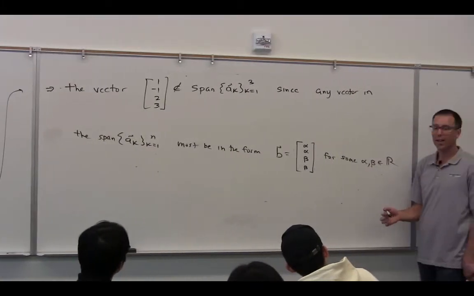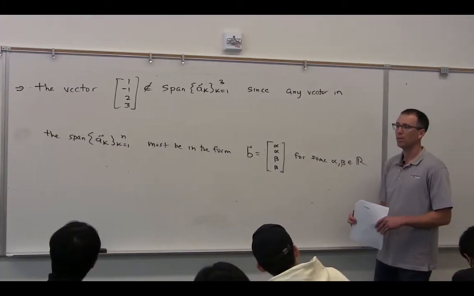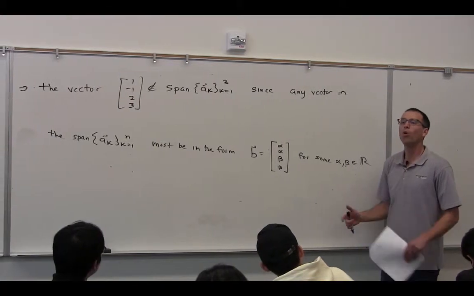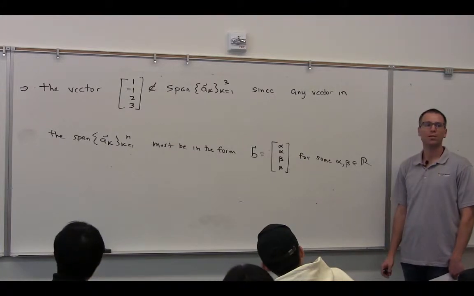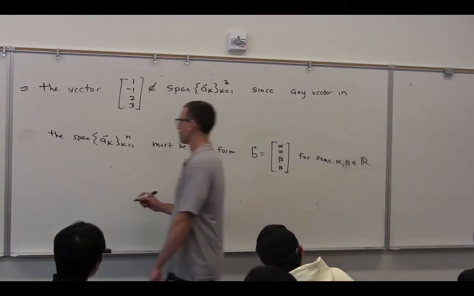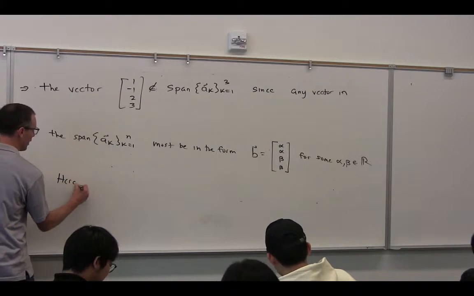What's another way to say that? What would be a vector that's in the span? Give me some vectors that for sure would be in the span of this thing. Okay. Here are some.